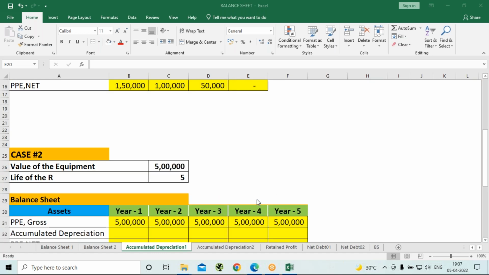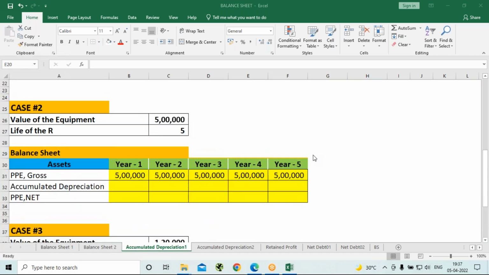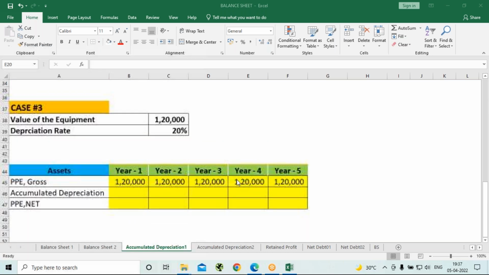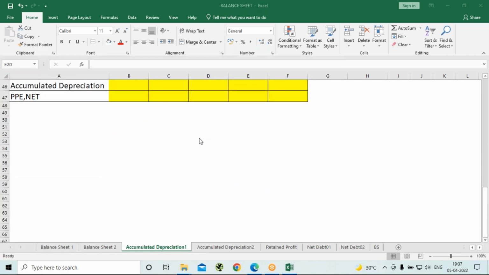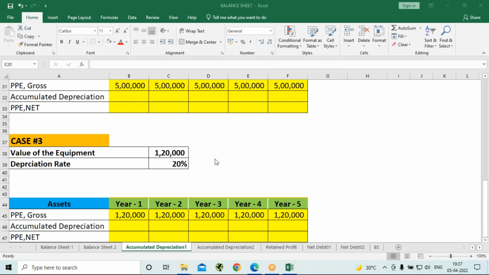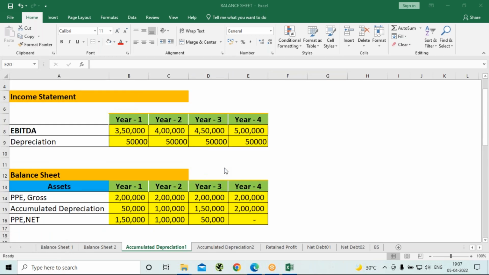Case number 2. I'll be leaving it for you people. So do this calculation with the percentage wise also. Try this in case you find it difficult. So let us try in the next session.